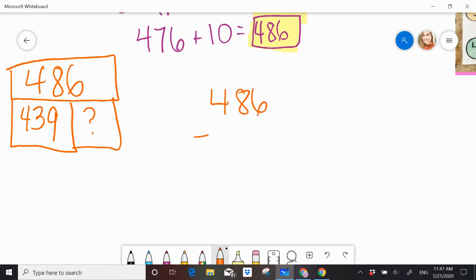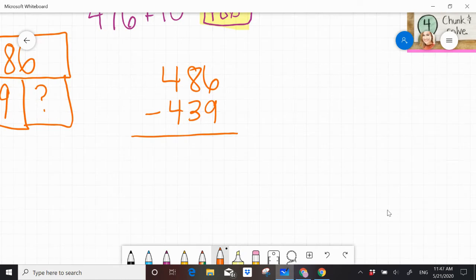486 minus 439. Do this with me, please. Your paper should now look like 486 minus 439. Please write that. If pictures help you, draw out the pictures with me as well.